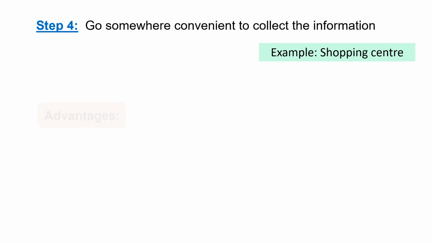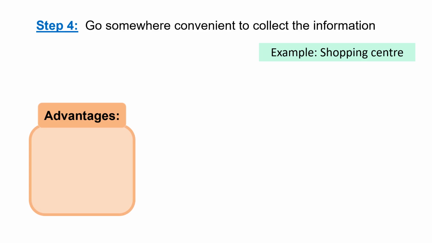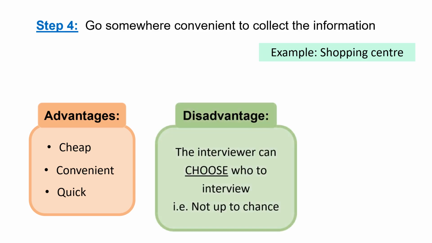You can go to a shopping center, of course. There are advantages and disadvantages of this method of sampling. One of the advantages is that it is cheap, convenient, and quick. But disadvantages include that the interviewer can choose who to interview.